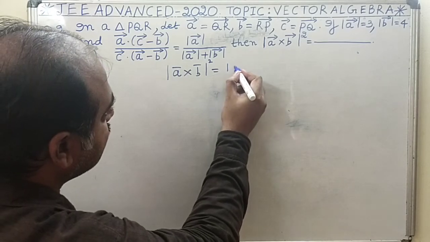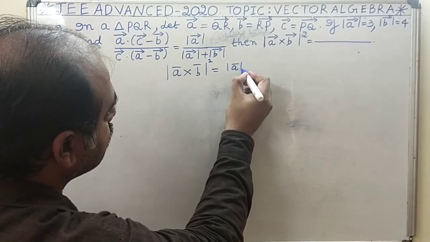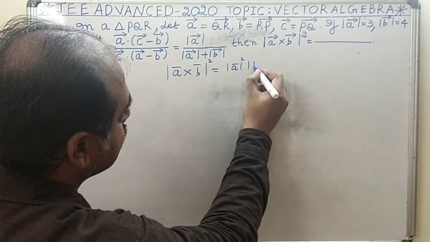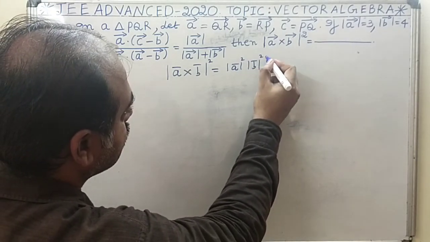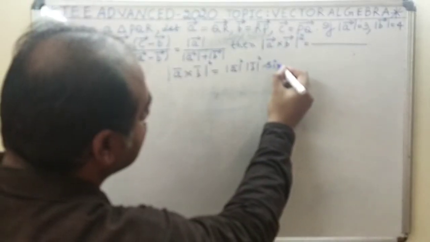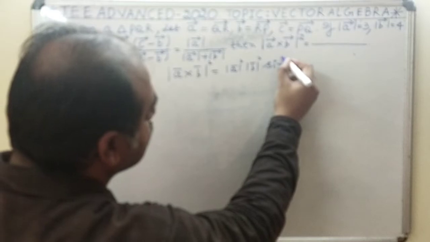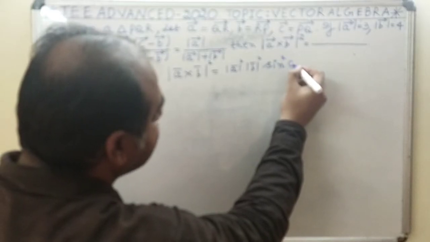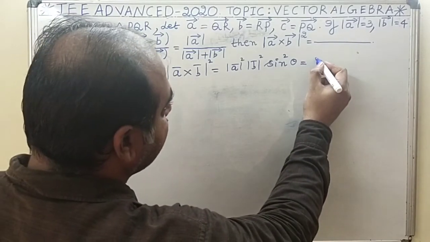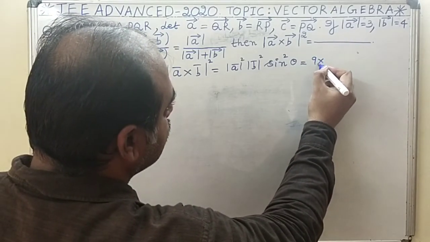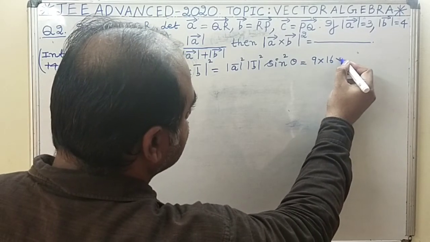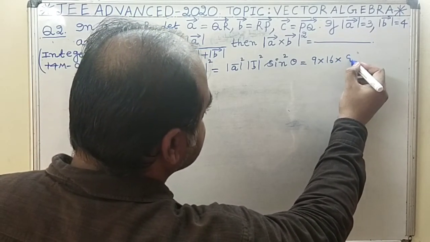So clearly, modulus A bar square into modulus B bar square into sine square theta. From the problem it is clear that modulus A bar square is given as 9 and modulus B bar square is 16, into sine square theta.